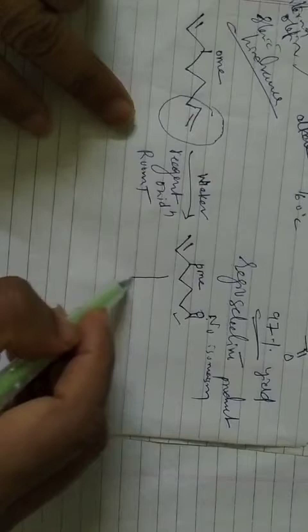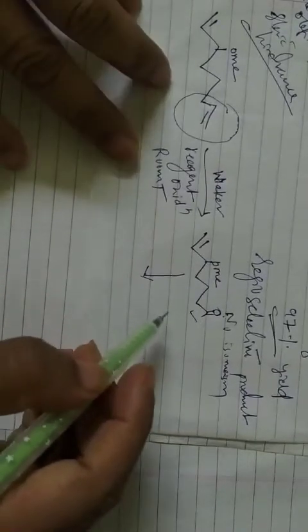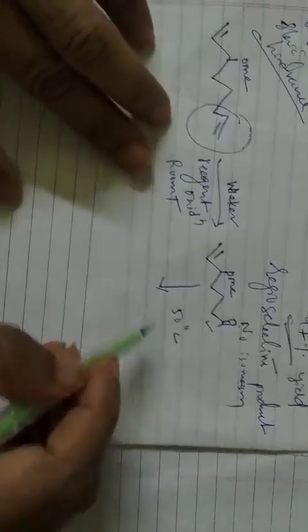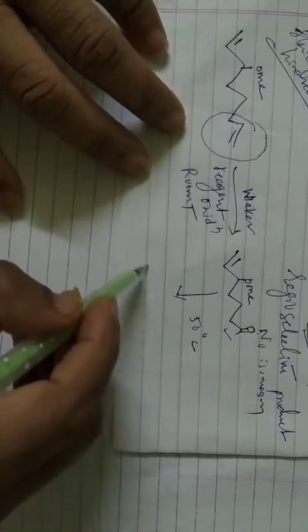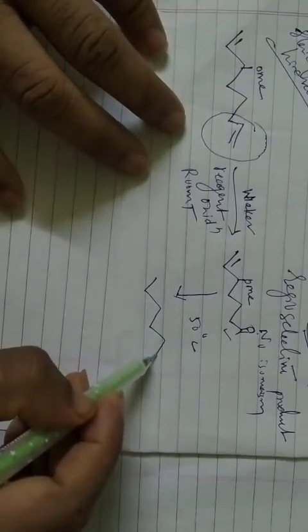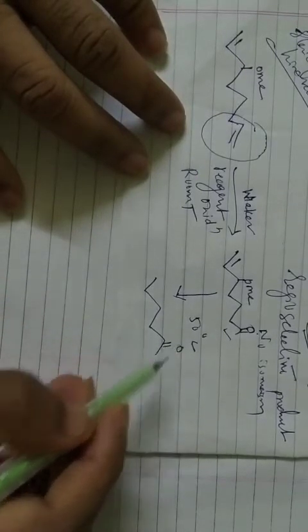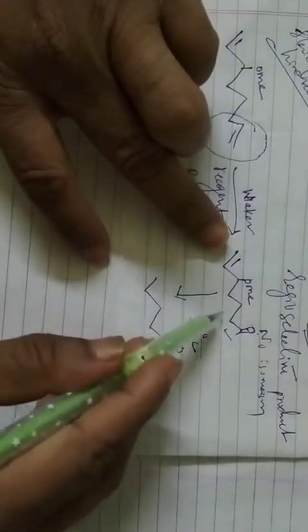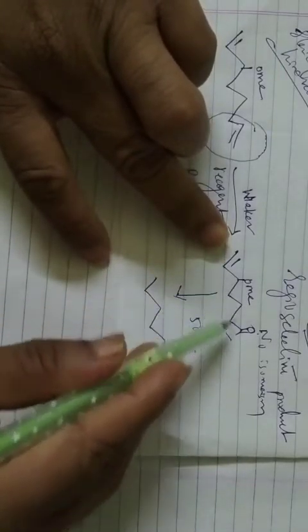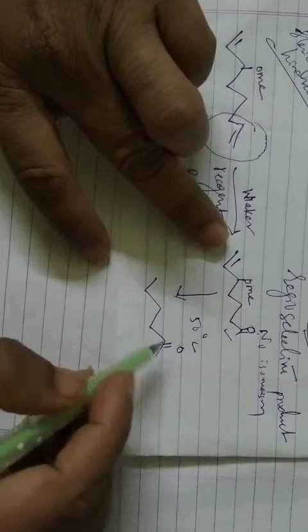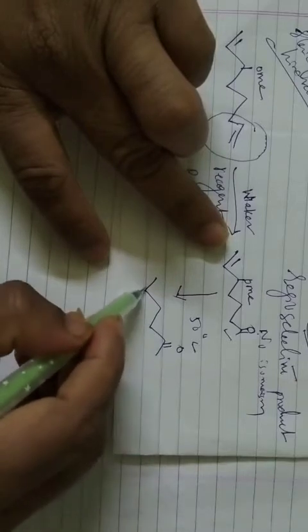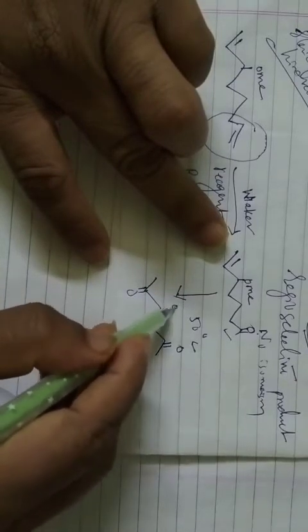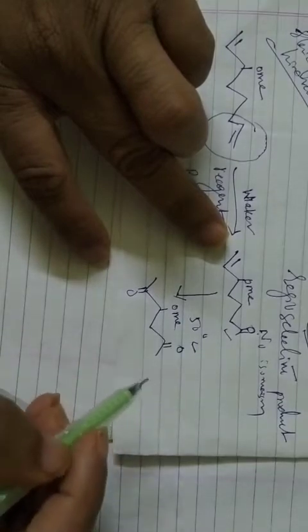Okay, now if this product you heat to 50 degrees centigrade, now you are going to get something. This is your ketone, and here also this part OMe.